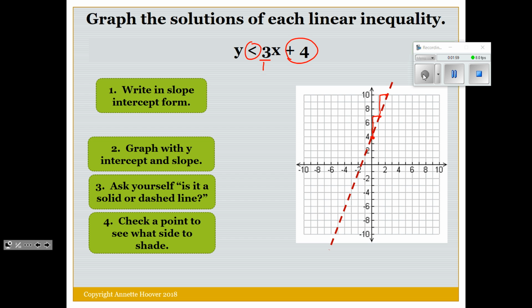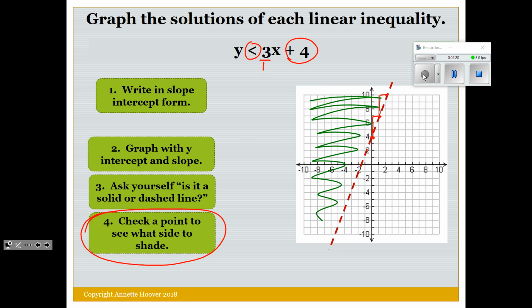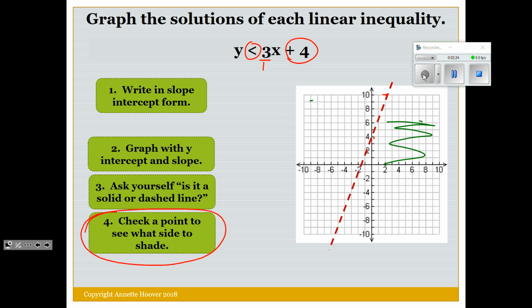Now you are not finished. This is the most important thing. You are not finished until you shade one side, because we are saying that the solution is less than this line. That means it's either on the right side or the left side of the line. Either all of this side is a solution or all of this side is a solution.